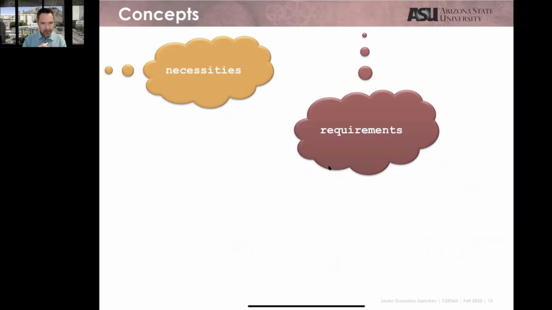Can you help me to remember what is the difference between those two? Necessity and requirement, two key ideas. A requirement is something that you can actually measure. Yes, and specific, okay, with the chat. Two important ideas, guys. Number one, I use the word atomic.